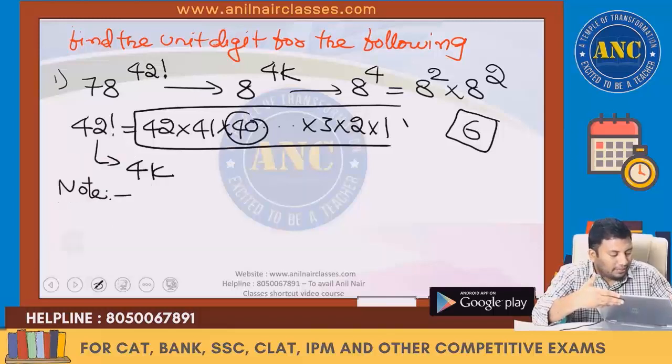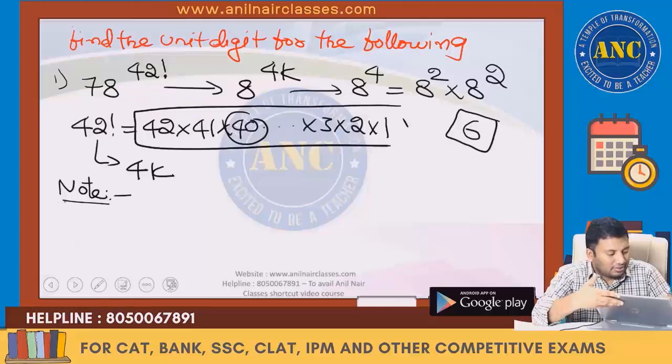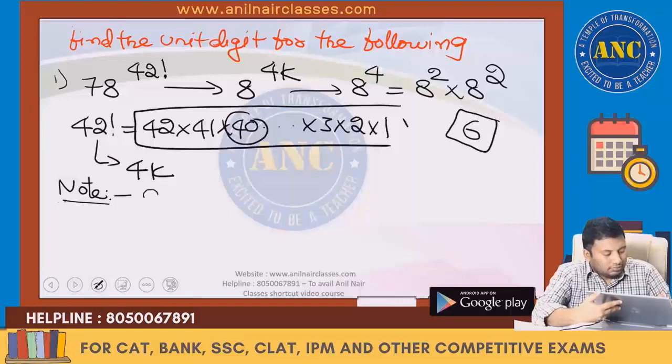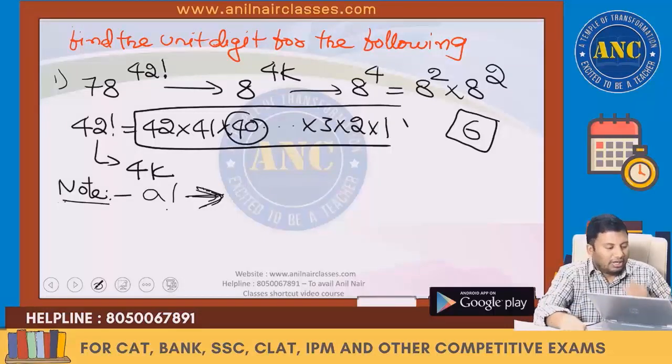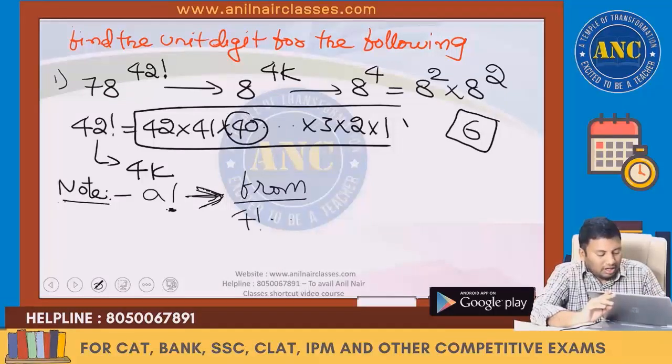Note: for any a factorial unit digit, from 4 factorial onwards, a factorial is divisible by 4k.